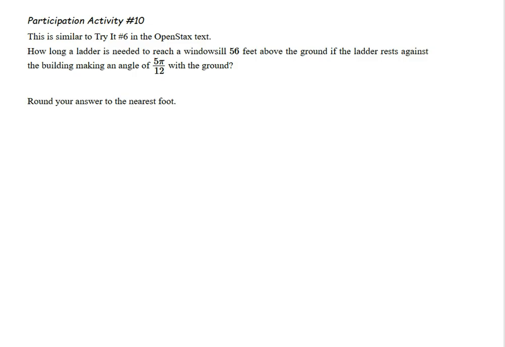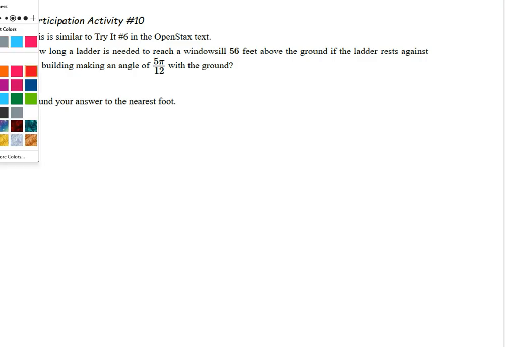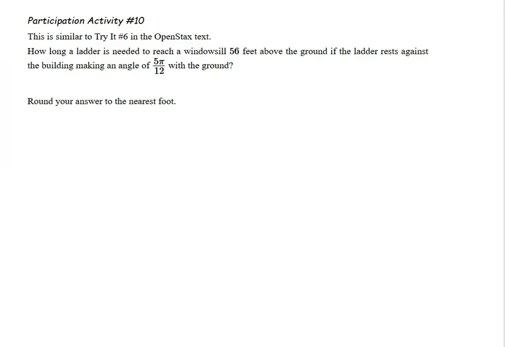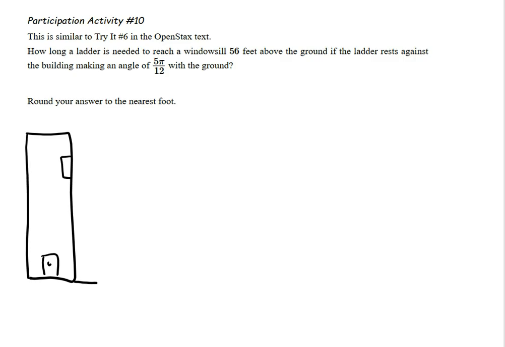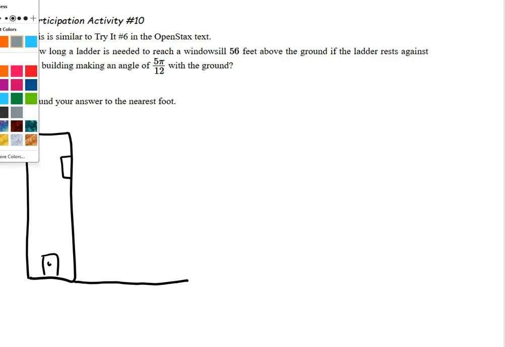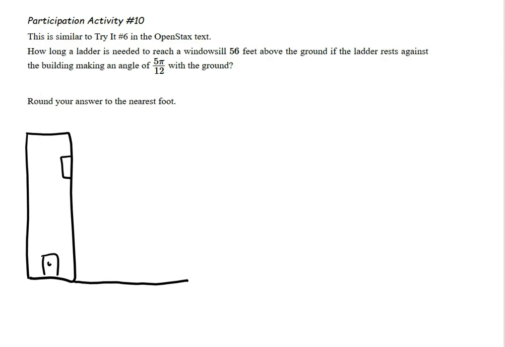I am going to impress you now with my amazing drawing skills. Here's my building. There's the door, and somewhere up here we have a window. And then here is the ground, and we have a ladder, which I'll make gray, which is leaning against the building.